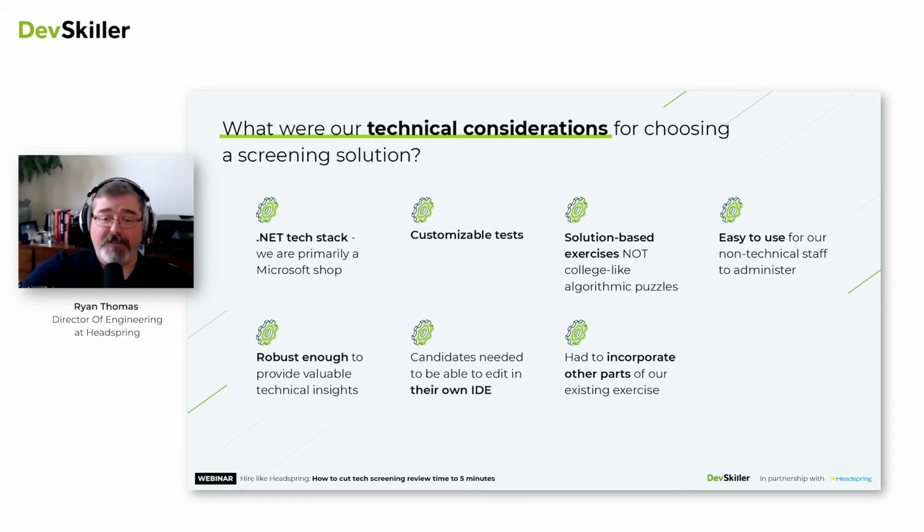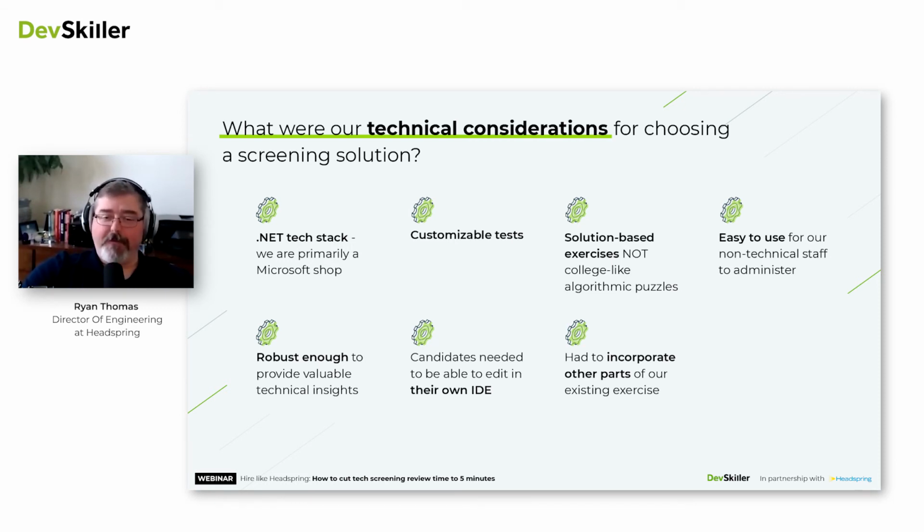And finally, like I mentioned before, being able to incorporate all the other pieces of our initial exercise, like the questionnaire, like the code review, and having a seamless client experience. Those were all very, very important and very vital to me.